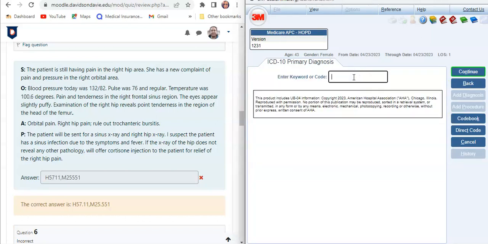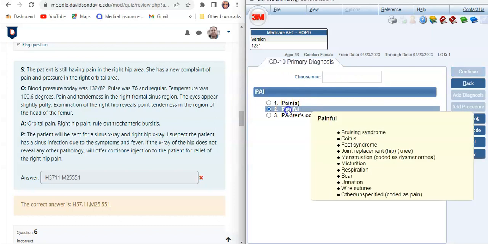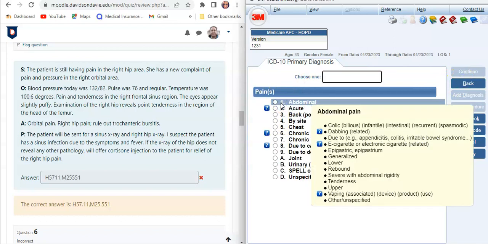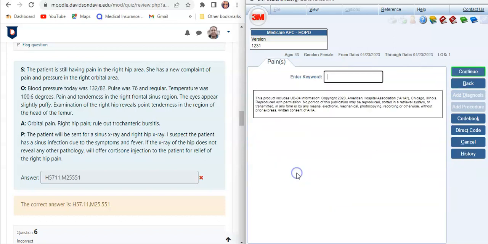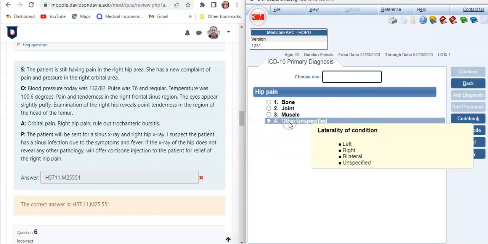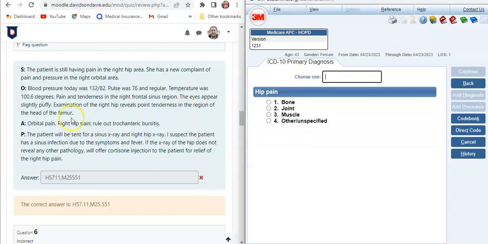Next one is going to be hip pain. So I'm going to do hip pain. Pain again. Pains. Painful. That wasn't it. Pains. And I'm going to spell which one it is. Hip. And it says the region of the head of the femur. Okay.